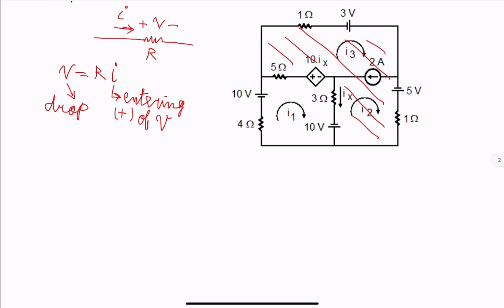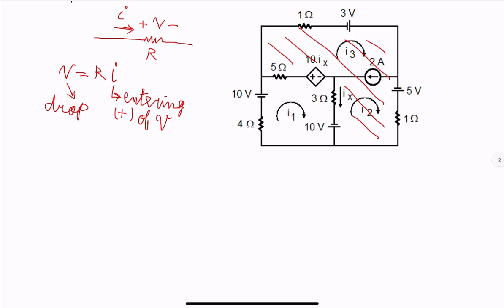First, let's start with mesh 1. We commonly make it a habit of starting at one point so we don't miss any of the elements. Lower left corner, we can start there, go around the mesh, write voltage terms, add them up, put it equal to 0, and end up at the same place.